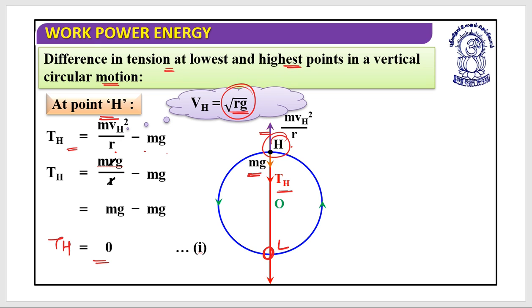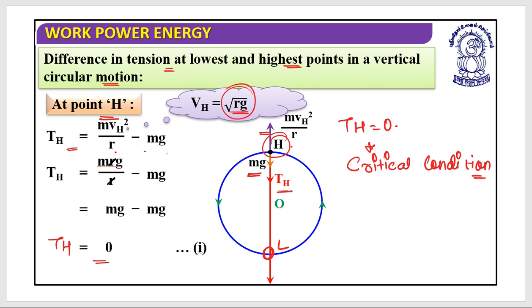When I say TH is equal to 0, this is what we call a critical condition. Sometimes they will not say that tension at the highest position is zero. But what they are supposed to say is that if critical condition is satisfied, find out this and that.